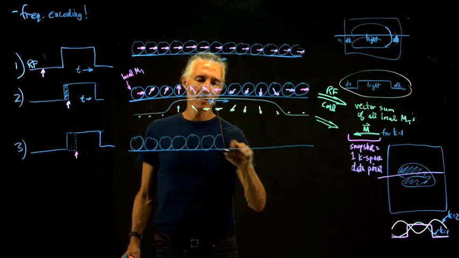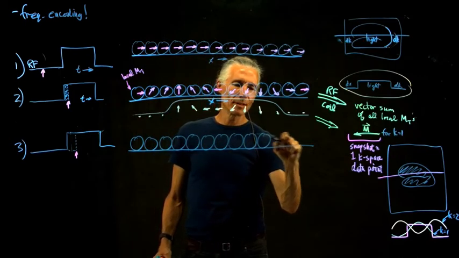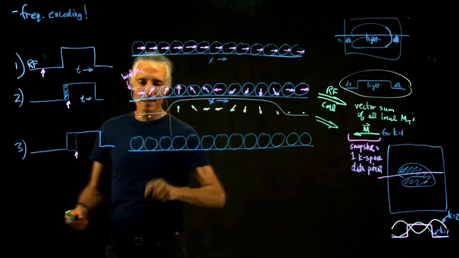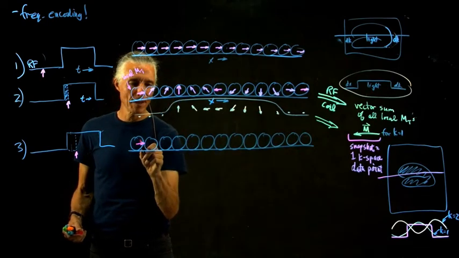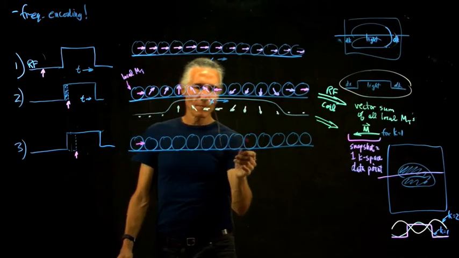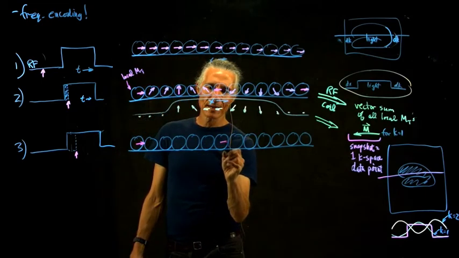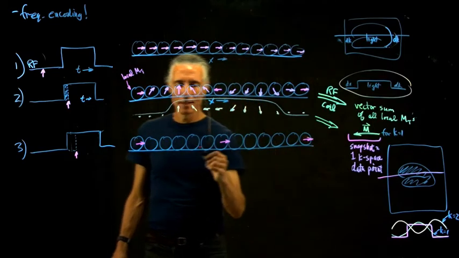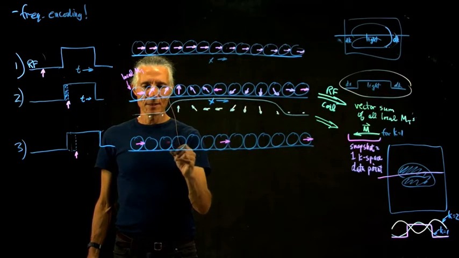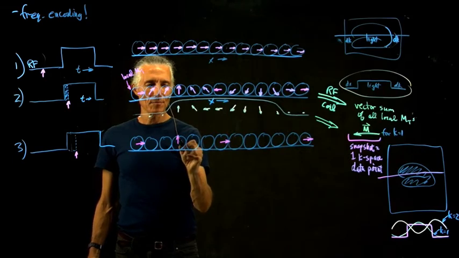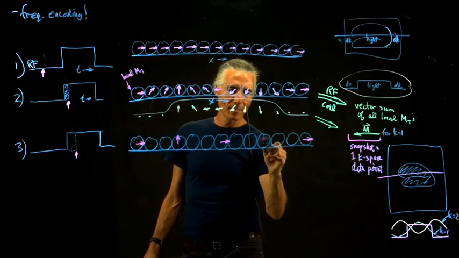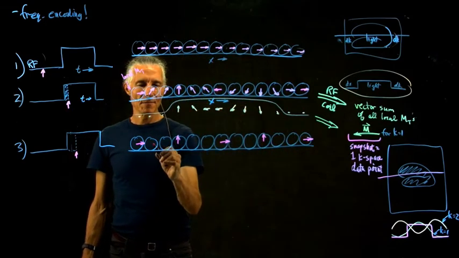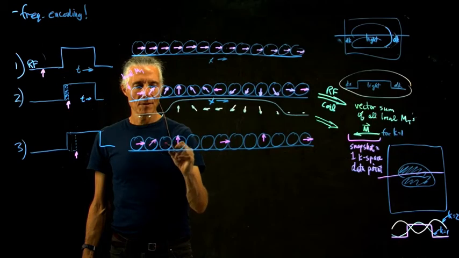Same picture as before. So this is looking at the direction of the transverse magnetization. And then here's all our magnetization vectors. So now it's going to be going that way. And then halfway through, we're going to be back to where we started, and then all the way through back to where we started. And then halfway in between here, we're going to be up this way, and then halfway in between here, we're going to be up that way, like that. So now we're heading up like this.